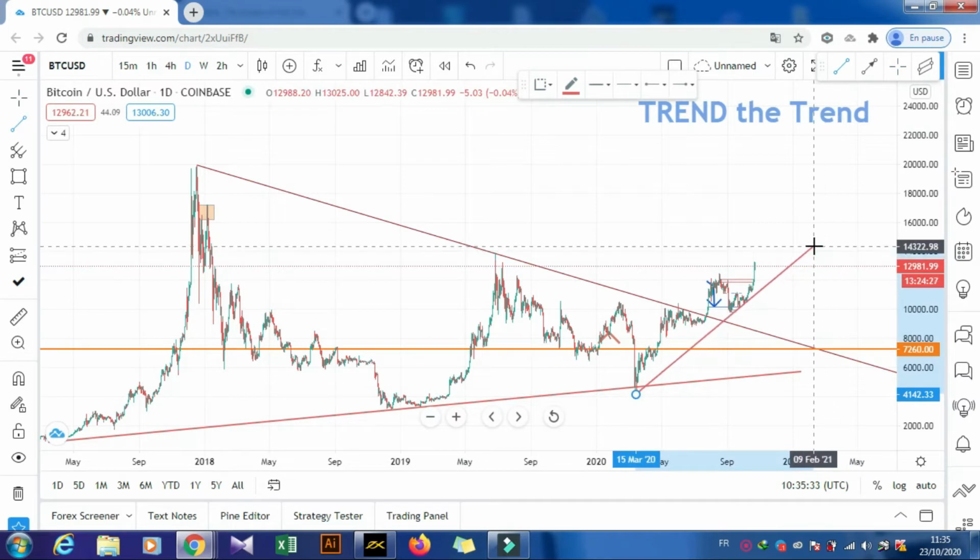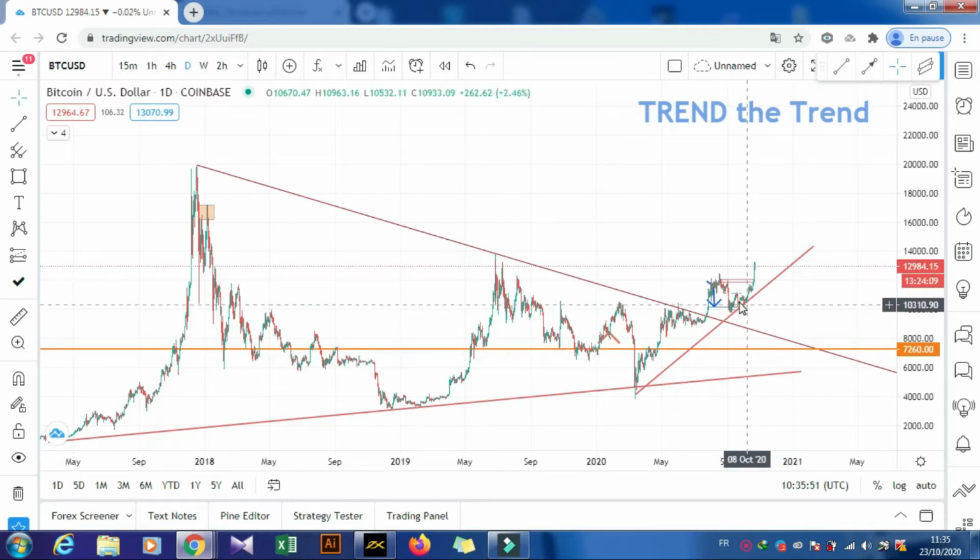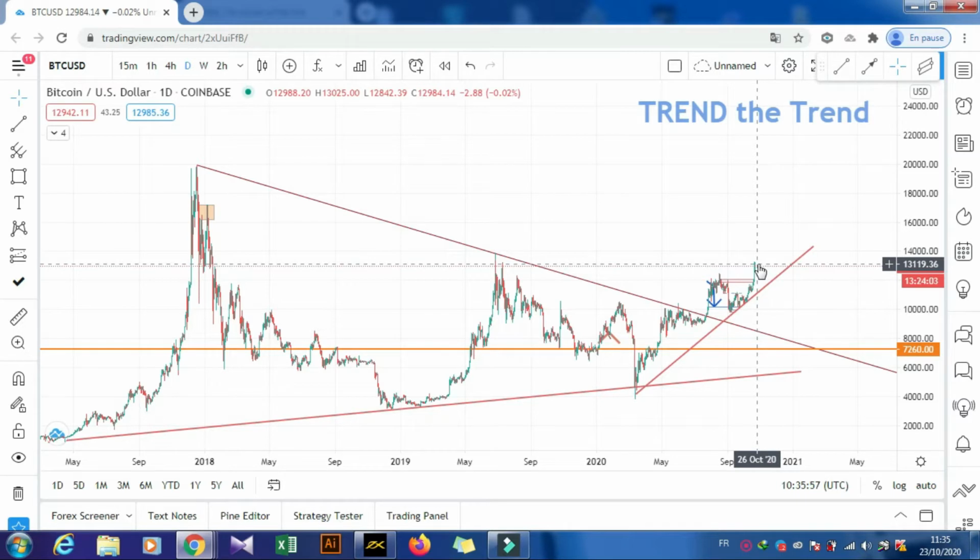PayPal, the money institution, announced that Bitcoin will be on their currencies to trade. So we've seen Bitcoin here at 13,000 between yesterday and the day before.